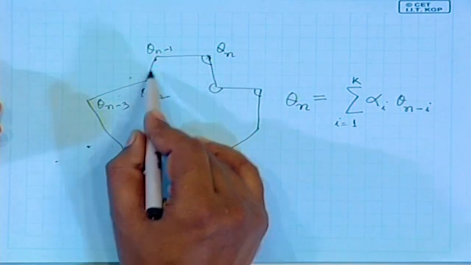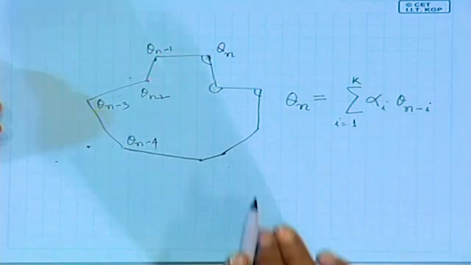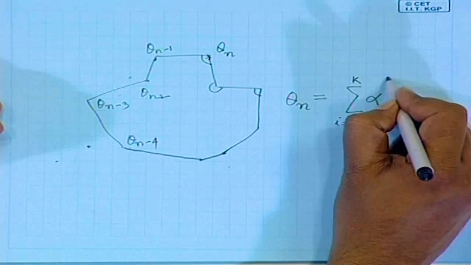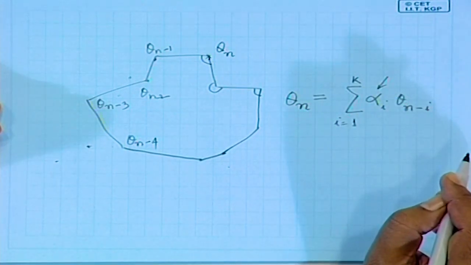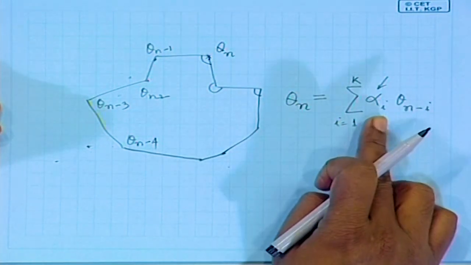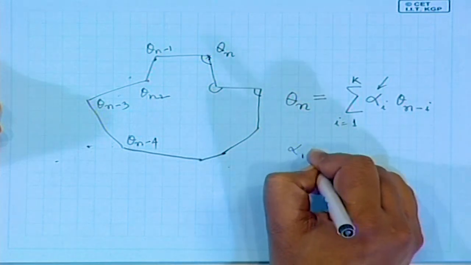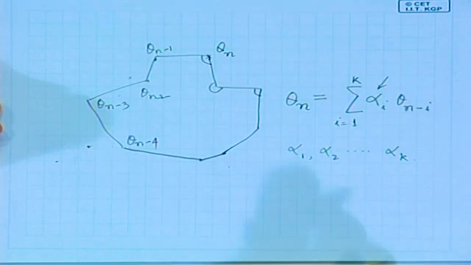So, for every such vertex, I will have one such equation. Okay. And the set of alpha, these are the coefficients of autoregression. Because I have kth order autoregression, there will be k number of alpha, alpha 1, alpha 2 up to alpha k.